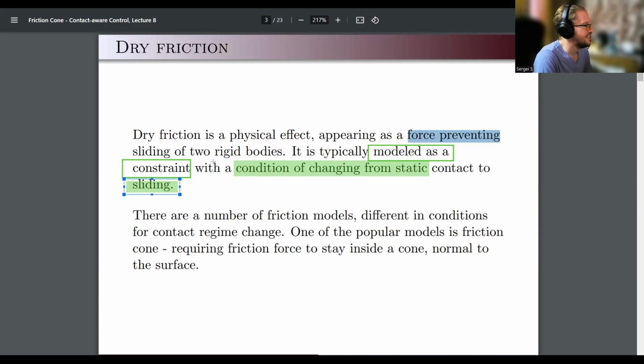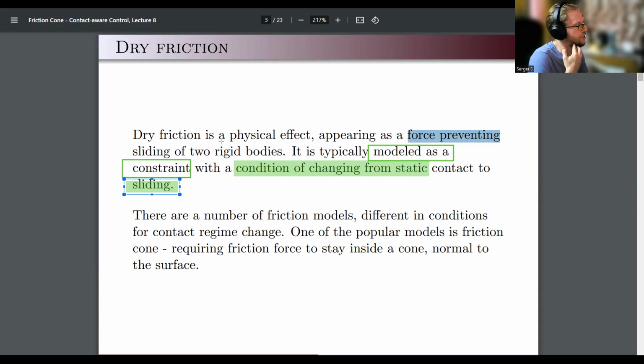Okay, so there are a number of friction models, and you won't be surprised, hopefully, that there are a number of friction models. They often differ in describing how the force behaves before and after the sliding occurs, and on the condition of when sliding can occur.